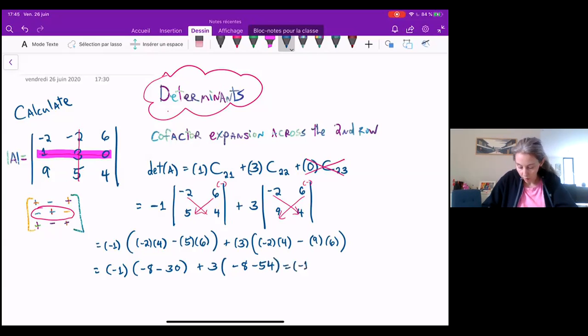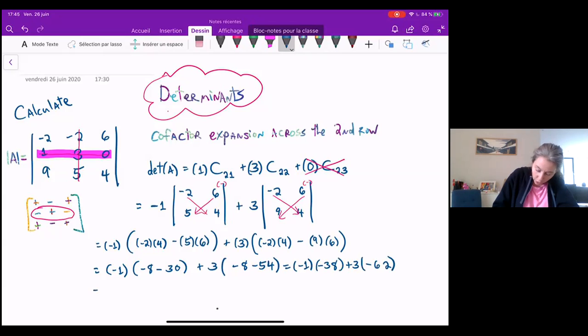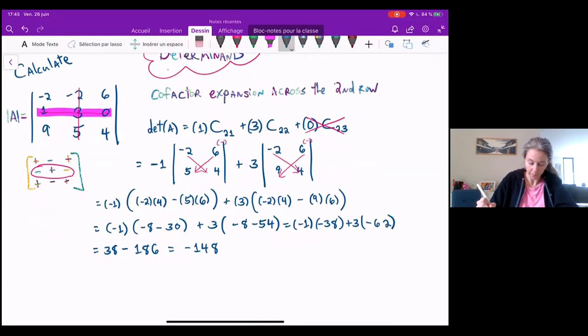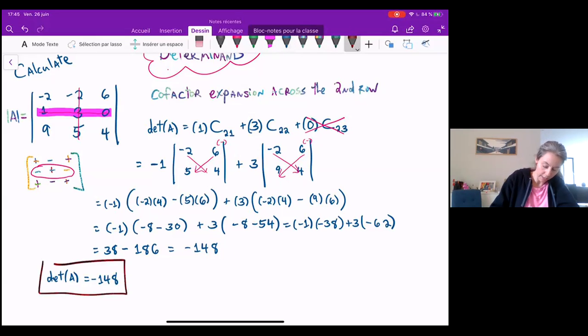Which is negative 1 times negative 38 plus 3 times negative 62. Okay, so we just add these together to get 38 minus 186, which gives us negative 148. So the determinant of this matrix is negative 148. And we did that entirely using cofactor expansion.